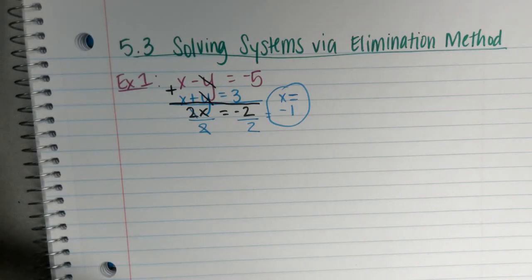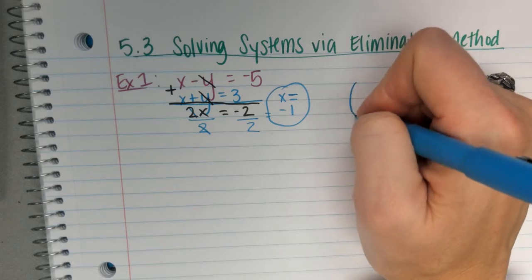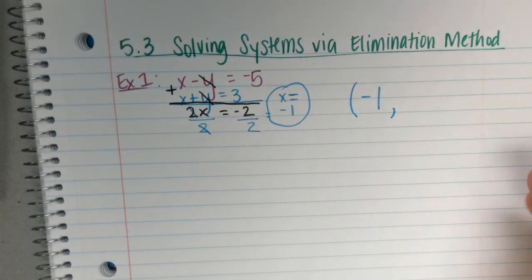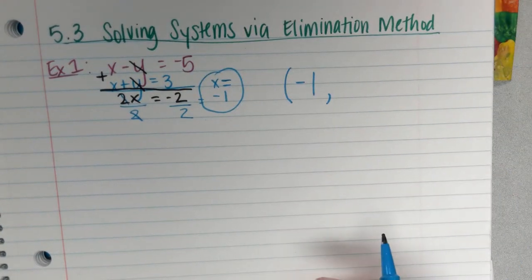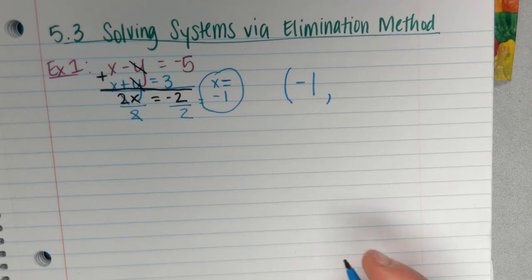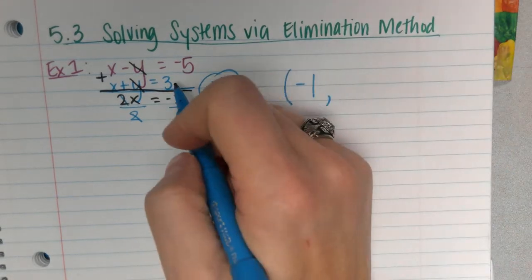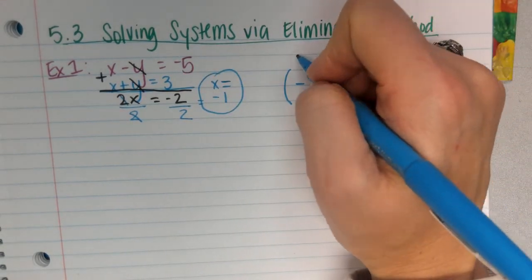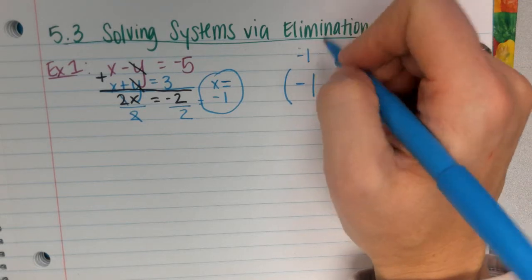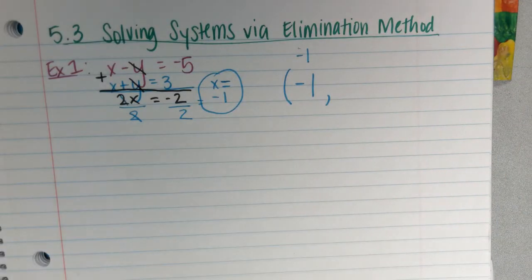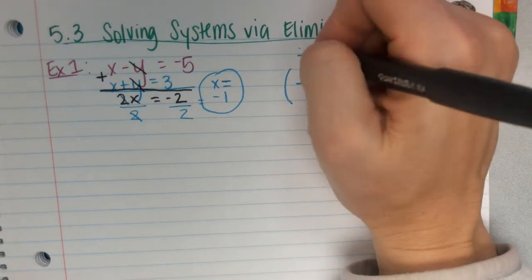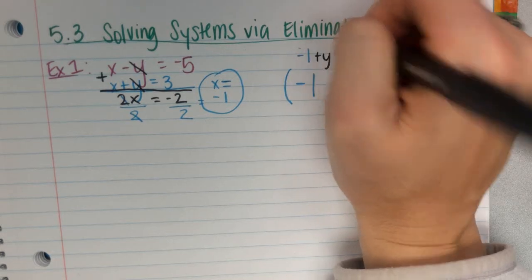So now we know our x value, which is negative 1. And we can substitute that negative 1 into either equation, it would work. Let's stay away from the negative y one. Let's do it in the second one. Negative 1, the x that we just found, plus y equals 3.